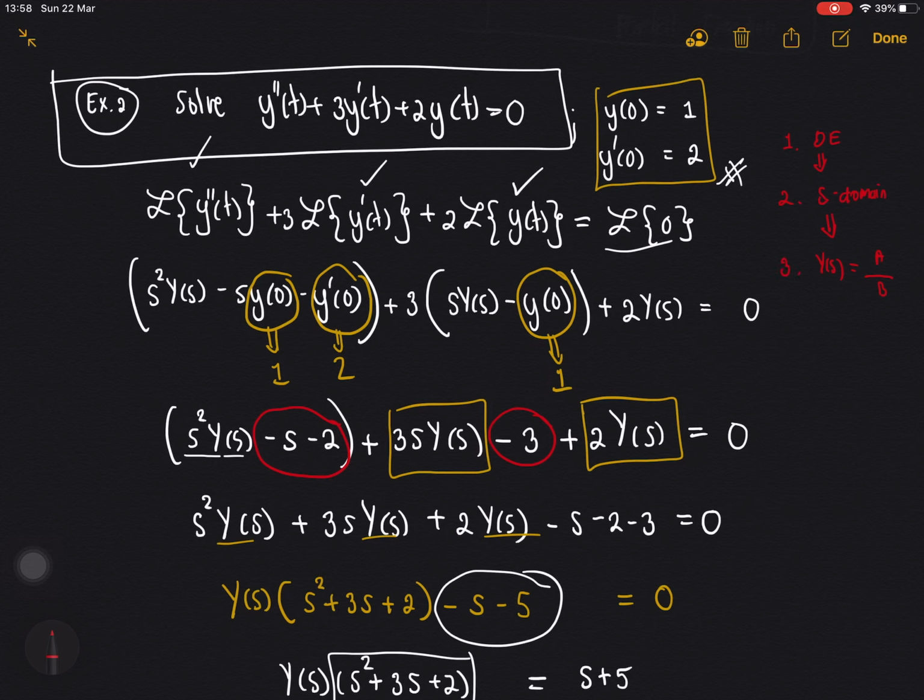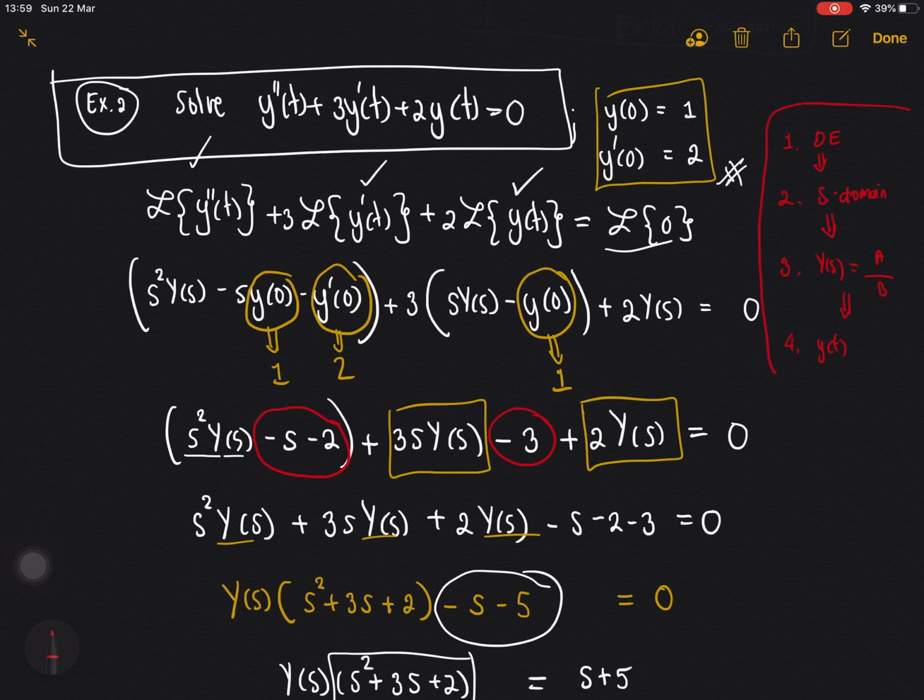And after that, you can see that we can consider Y(s) in 3 different cases, whether they have distinct roots, repeated roots, or conjugate or complex roots. And then you apply that rational function, find its roots, and then you continue with the 4th step to find y(t), the inverse Laplace transform of that partial fractions expansion.